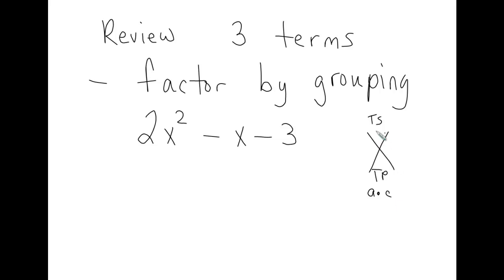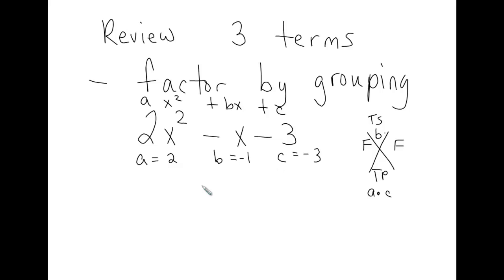The target sum is b. And then the two factors that multiply together to give me the target product, but add together to give me b. Going back to standard form of a quadratic, ax squared plus bx plus c, a is equal to 2, b is equal to -1, and c is equal to -3.